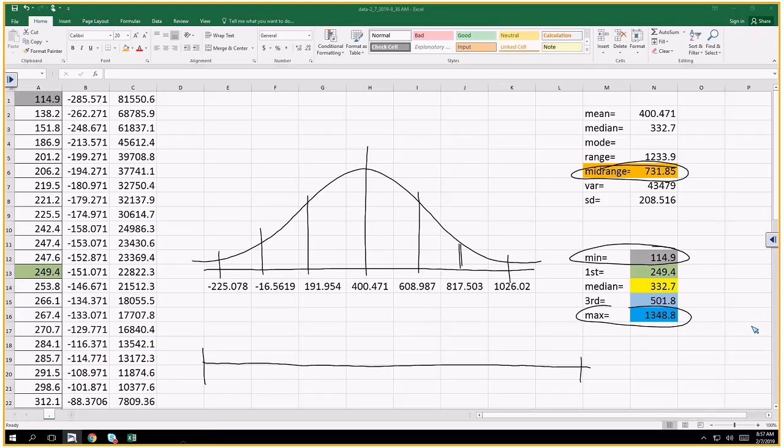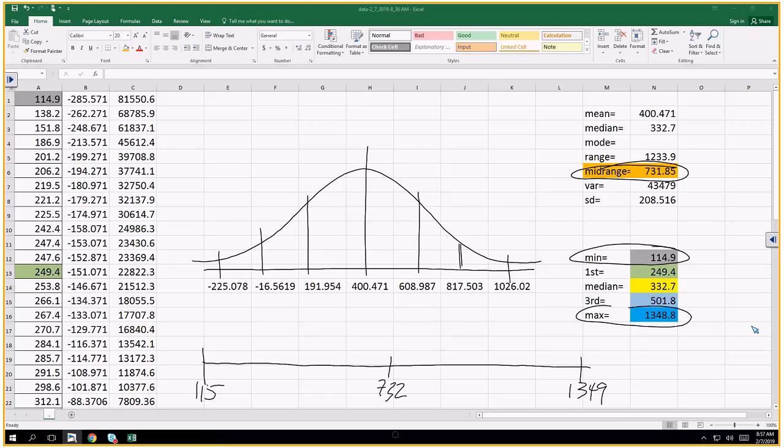And of course, I'm not going to do the decimals, people, because I don't have the calculator up here and I don't feel like doing it. 114, that'll be 115. And this god-awful number, 1349, and the mid-range is 732.